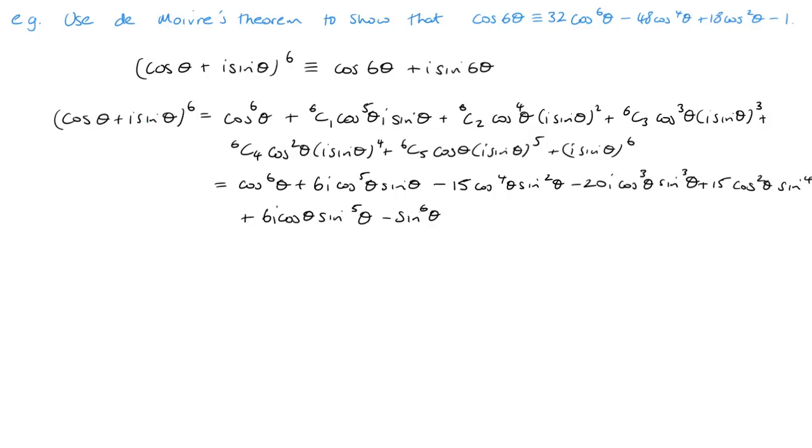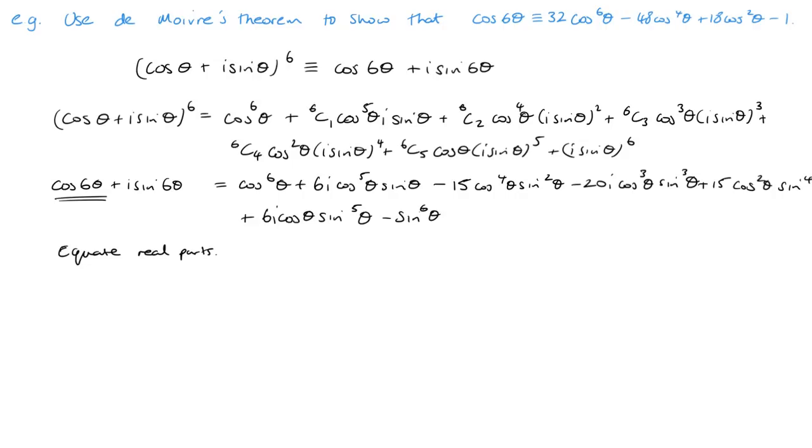Now what we want to look at is that this is obviously the same as this, isn't it? So this was obviously equal to this. And we want this cos 6 theta, so we want to equate real parts.